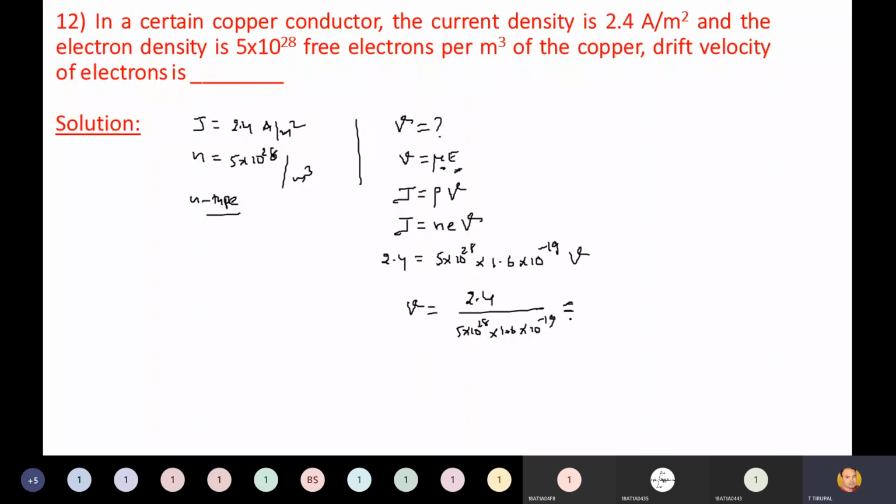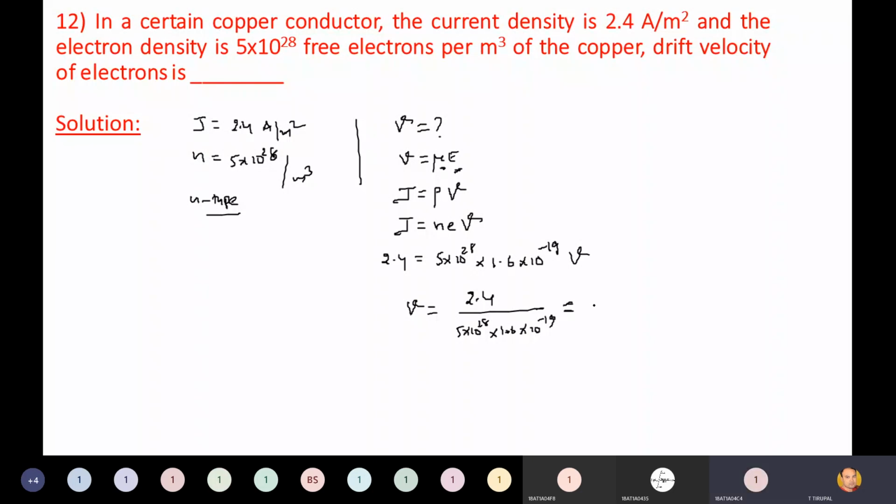If you miss that, even suppose 1.01, if you get 0.01, then your answer will be wrong, right? If it is 1.01 and you get 1.23, then also it is wrong. So it should be correct to 2 digits. So what will be the answer? V is equal to, anyone?